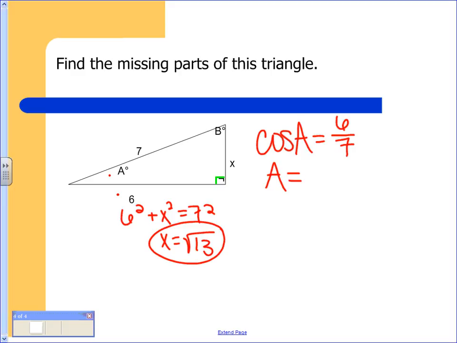How would we figure out what A would be? Cosine inverse of 6 over 7. Remember, when you're looking for an angle, which one do you use? You use inverse.